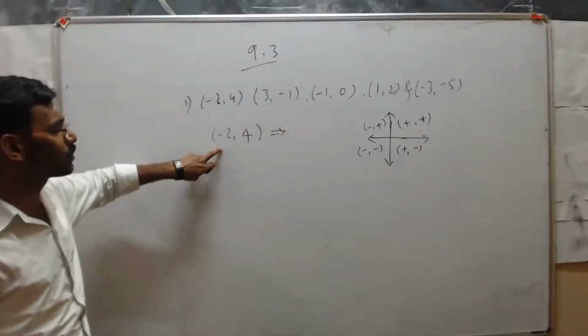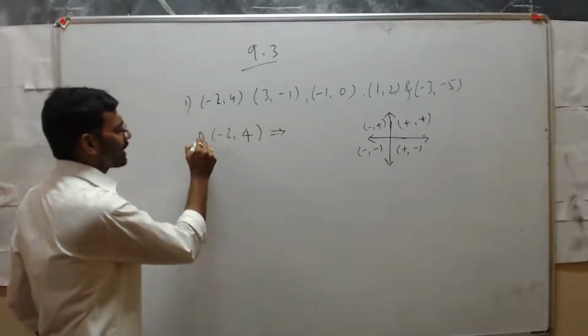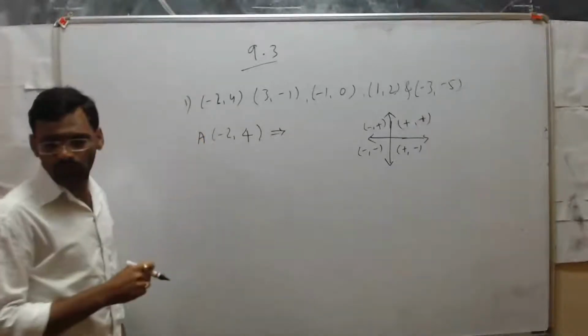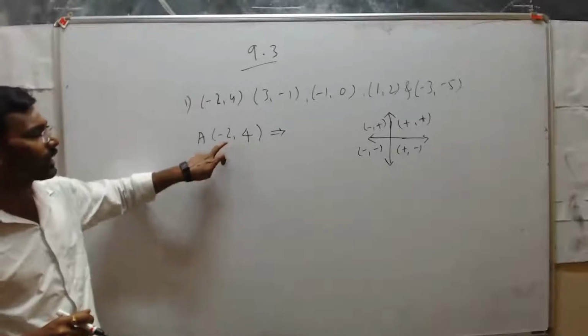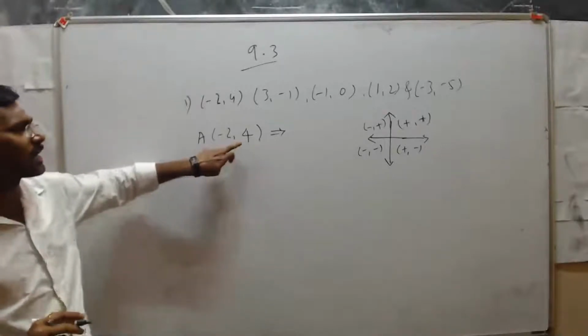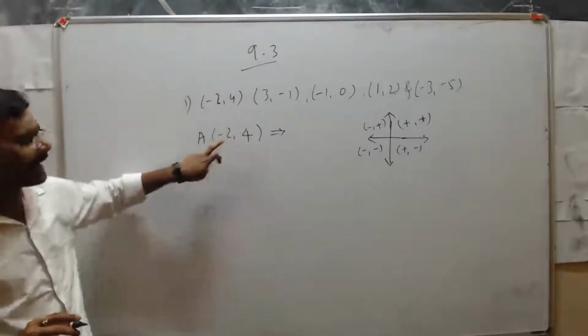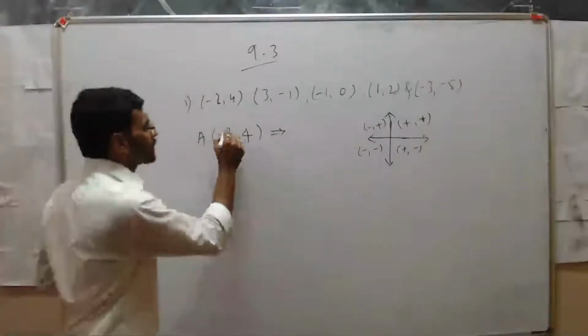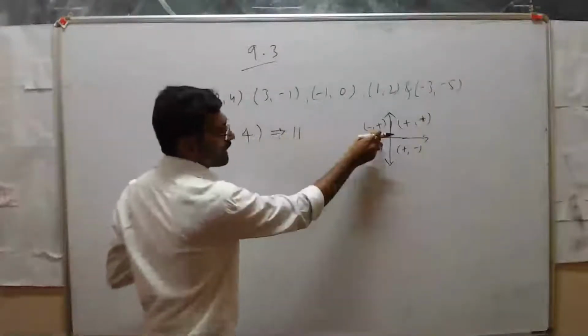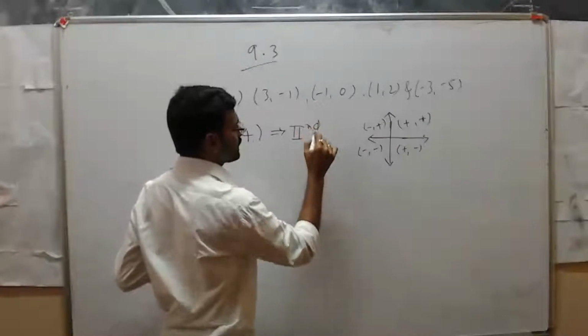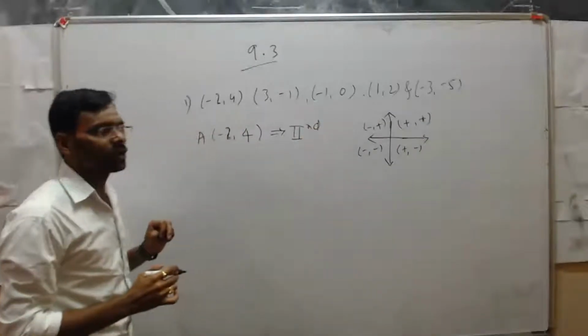Now, first one, (-2, 4). That is considered as A. In which quadrant does point A appear? (-2, 4) means x value is negative, y value is positive. Which quadrant? Second quadrant.